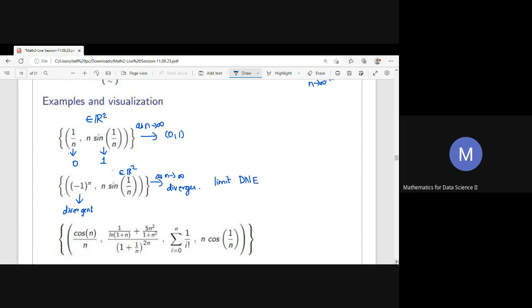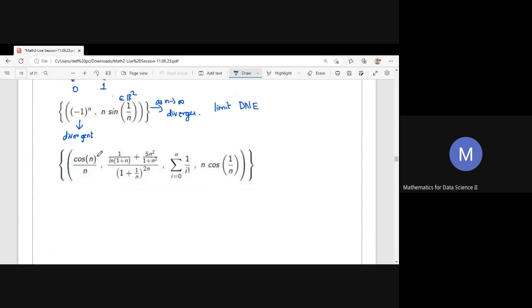What about this term here, cos n by n? For cos n by n, what is the limit? It is 0. Cos n is a bounded sequence, right? What is it bounded by? Minus 1 and 1. The cos value is bounded by these numbers.